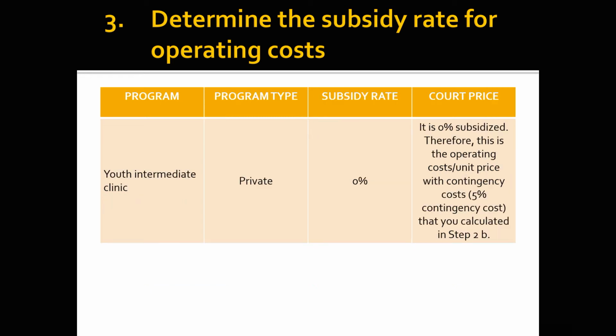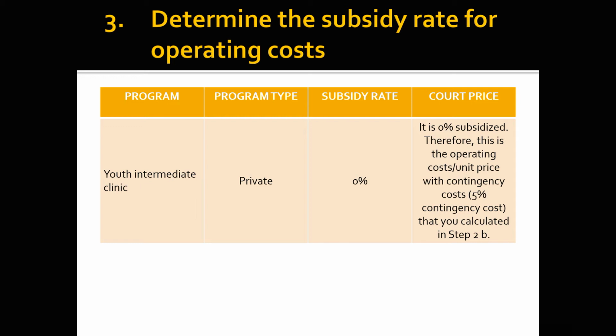And finally is the Youth Intermediate Clinic. And in this case, it's 0% subsidy rate. Therefore, the operating costs or the unit price with the contingency cost is what you've calculated. So there's no math to do. It's just what we got as the break-even price we needed to charge for the court in order to break even on our operating expenses, what we got in 2B.